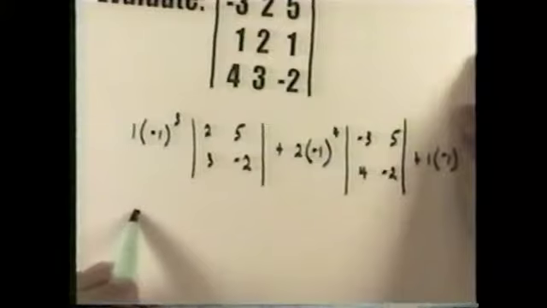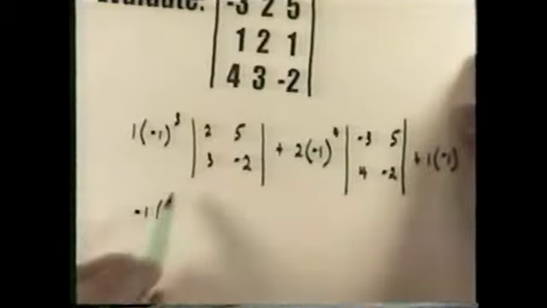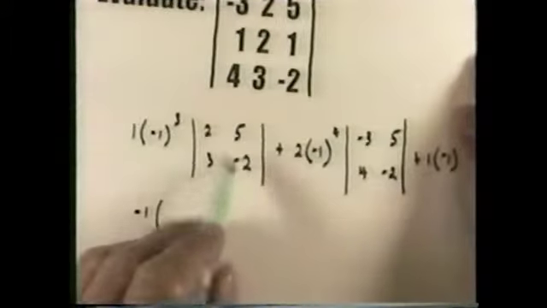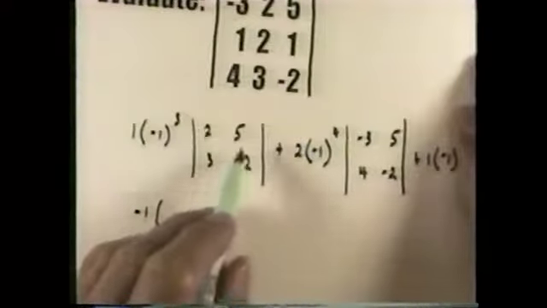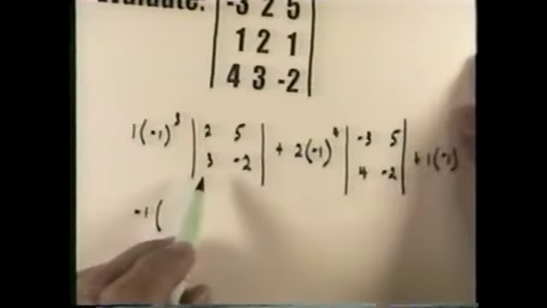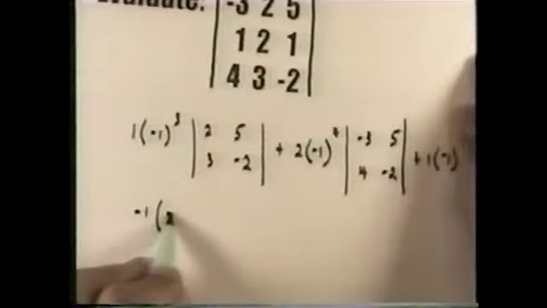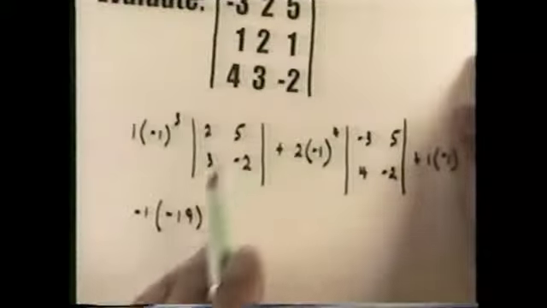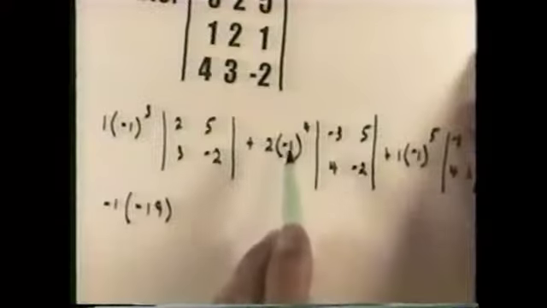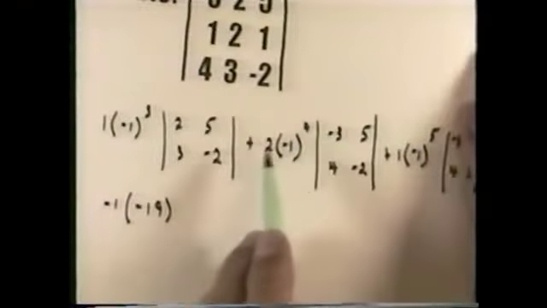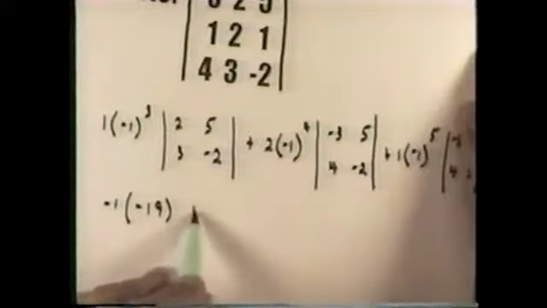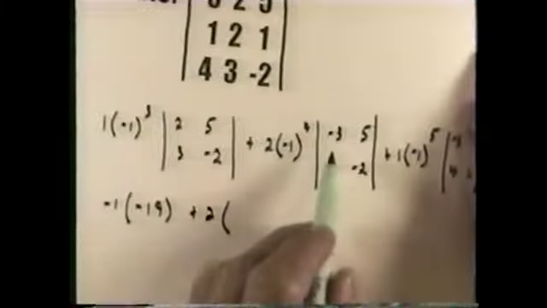So this is going to be negative 1 times 2 times a negative 2 is negative 4 minus 15 is a negative 19. Negative 1 to the 4th is positive 1. 2 times 1 is 2. Evaluate this determinant.